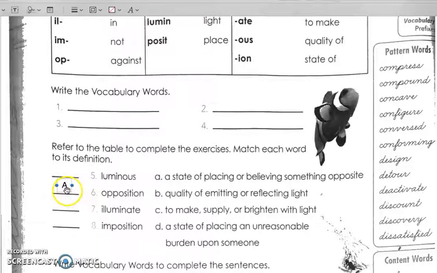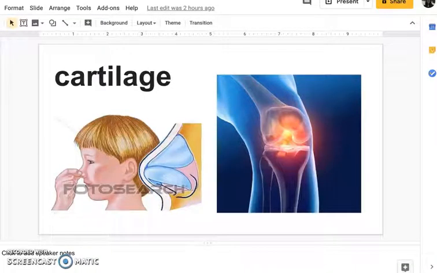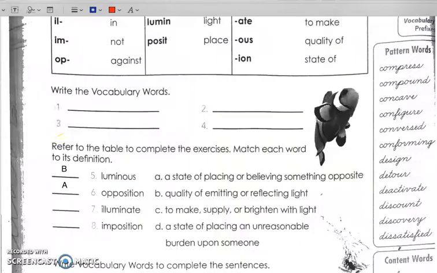A. Right. B. Quality of emitting or reflecting light. So when you're reflecting light, it's number 5, luminous. If something is luminous, that means it's able to reflect light. For example, this flashlight is luminous because it's able to reflect light.